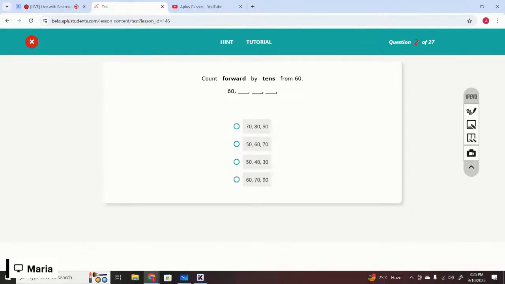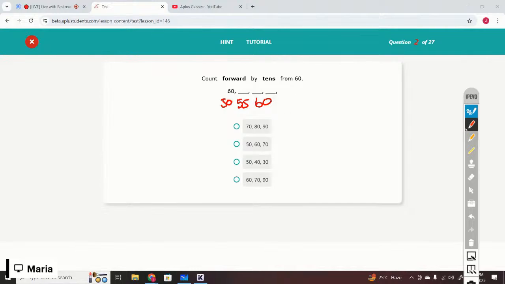Count forward by tens from 60. That would be starting from 60. It would be 60, 70, 80, and 90. You have to keep adding by 10.